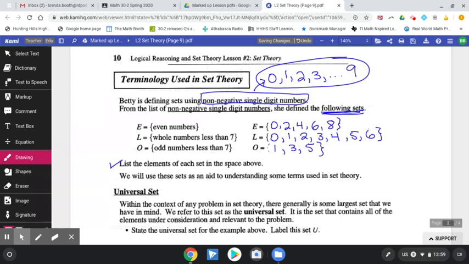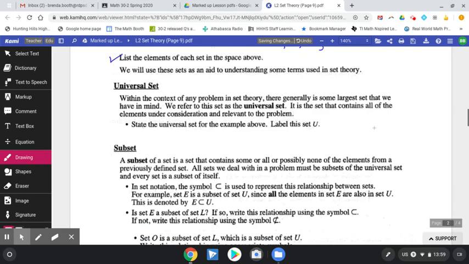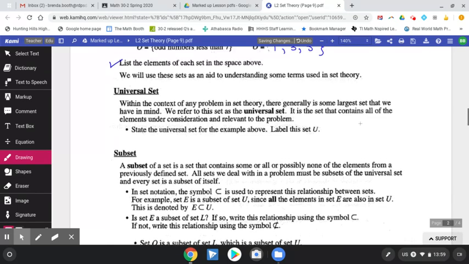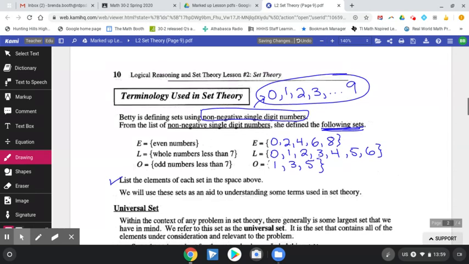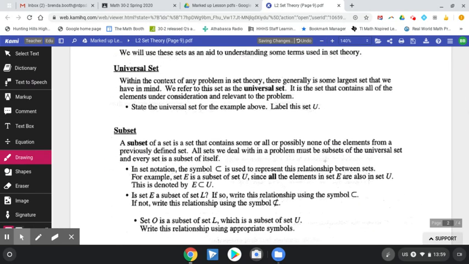Now, as we go through and learn about universal set, subset, and all these new terms, we'll be looking back at the sets that we have just written here. All the way through, we're going to use these sets and see how they're related to figure out some new terminology. So for universal set: within the context of any problem in set theory, there generally is some largest set that we have in mind.